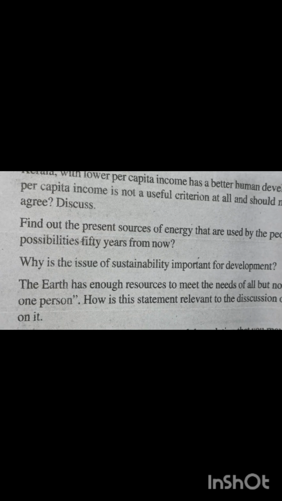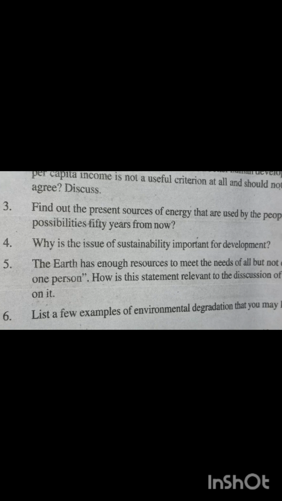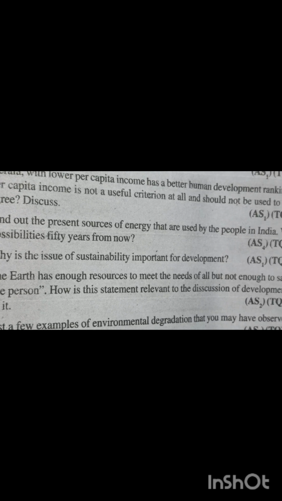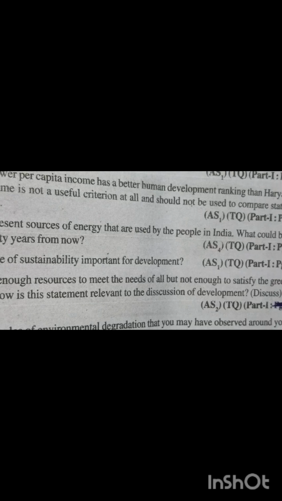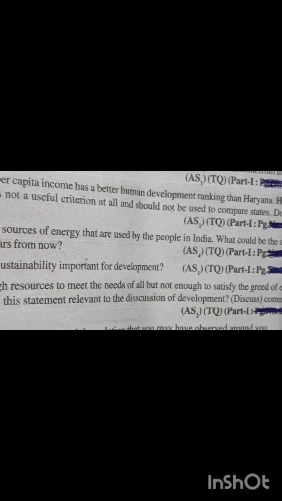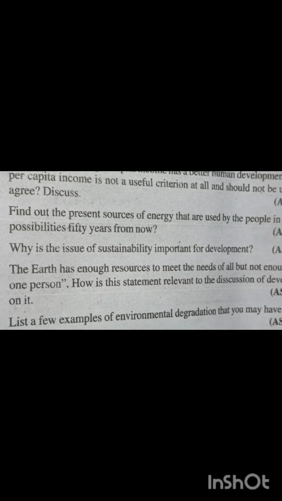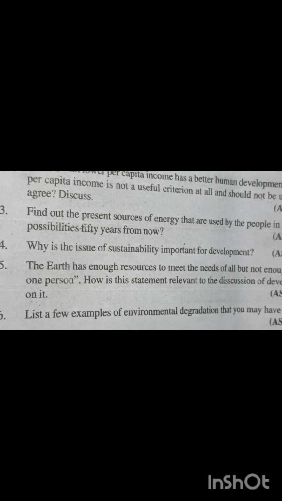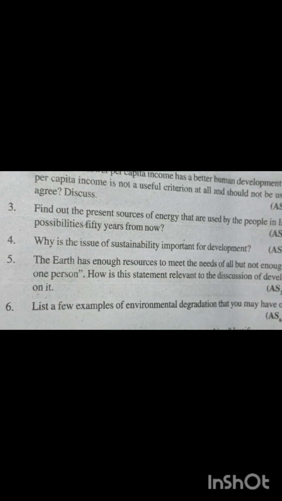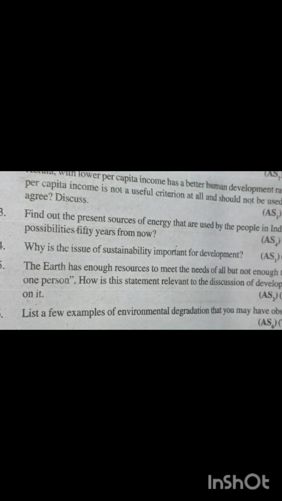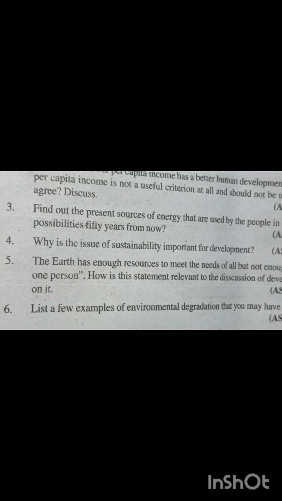Third one, find out the present sources of energy that are used by the people in India. What could be the possibility 50 years from now? Fourth one, why is the issue of sustainability important for development?